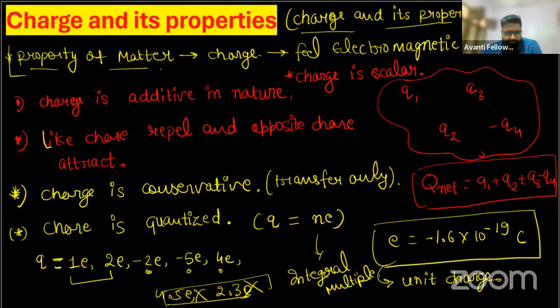Got it? Now, another thing that is really not that much relevant, but observing the pattern of JEE, this can be put as an MCQ. So I'm adding it for you.